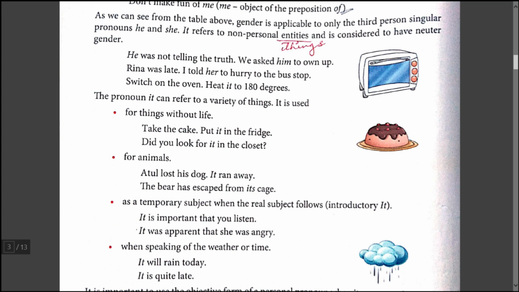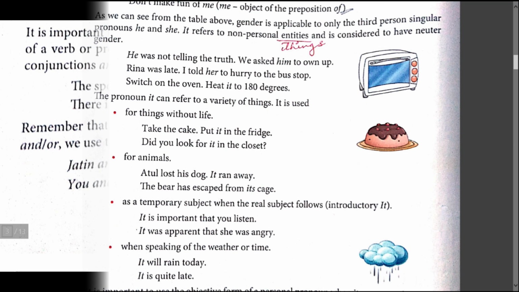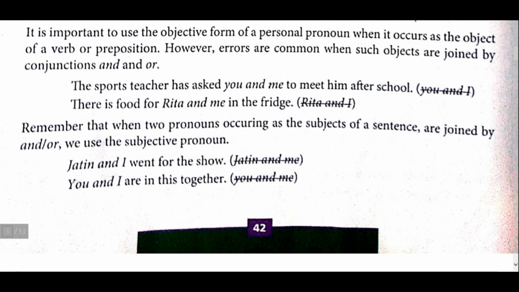Next one, third rule. When speaking of the weather or time, we will be using it. It will rain today. What will rain today? It. Next one. It is quite late. What is quite late? It. So it depends. It is important to use the objective form of the personal pronoun when it occurs as the object of the verb or a preposition.